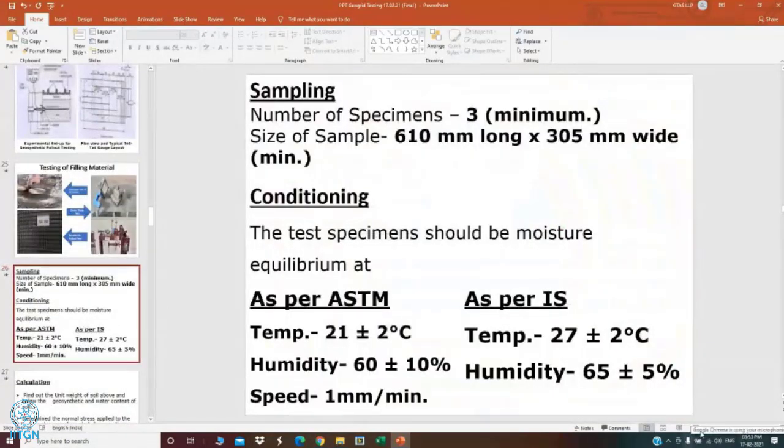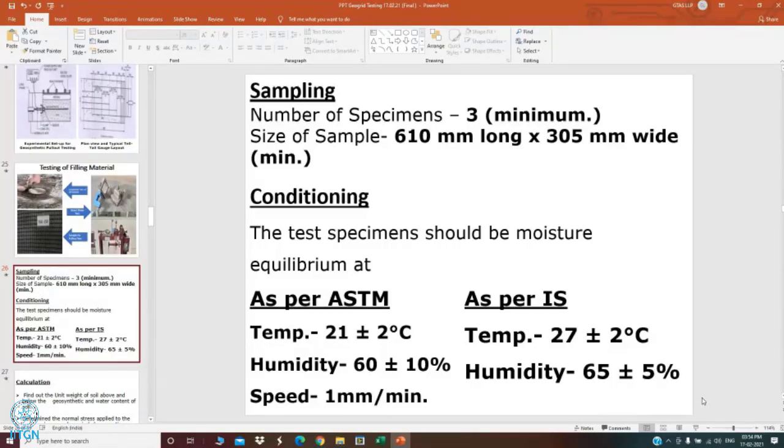As per ASTM, the temperature is 21 plus or minus 2 degrees Celsius. For Indian conditions, that is the IS test, BIS test, it is taken as 27. This difference is always there, because in our country the ambient temperature is always higher, by and large, barring the northernmost part of the country.